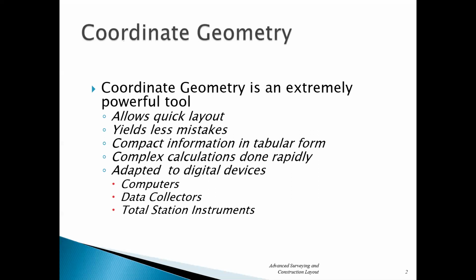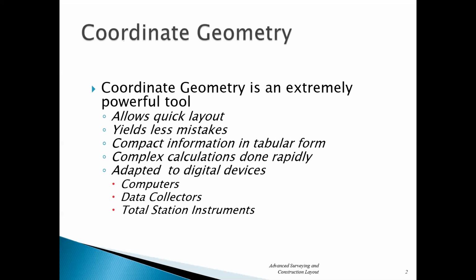Your data collector is also able to do, well, you can actually download AutoCAD files onto it, so you can actually visualize everything. And you can also calculate stuff. And the beauty of data collectors, one big thing, is that there are no handwritten notes anymore. When you turn an angle or you shoot a distance or any of that stuff, that all goes straight from the instrument into the data collector. No transpositions anymore, or somebody missing a character or any of that.